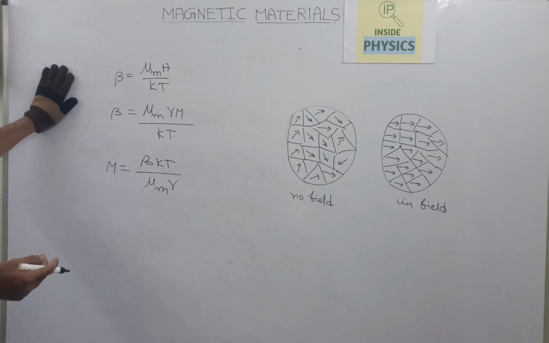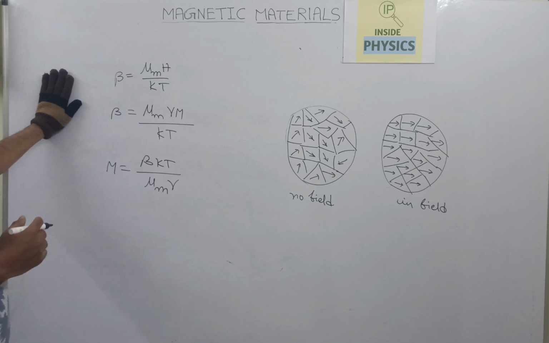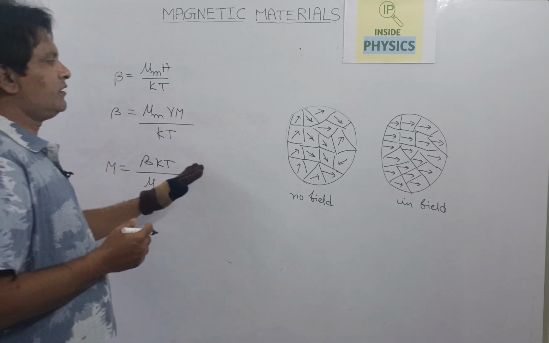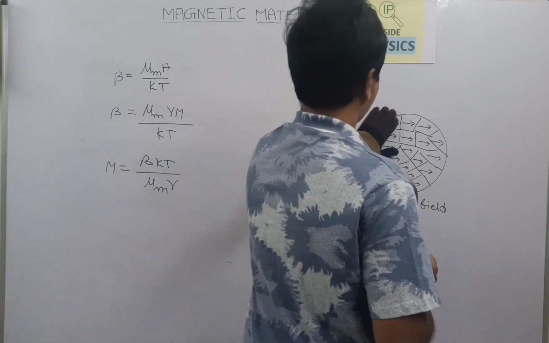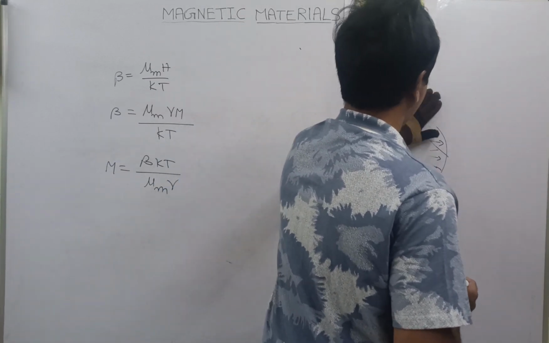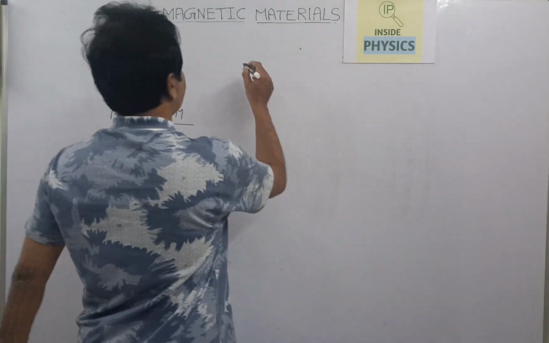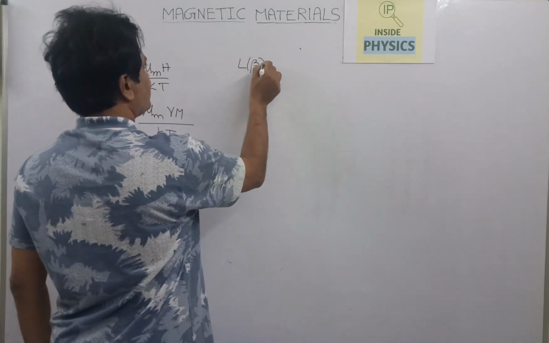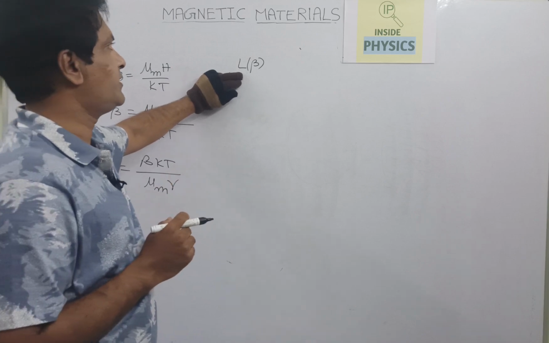If you plot a graph between the magnetization and the Langevin function of this variable, we can understand how the magnetization varies with temperature. The Langevin function L of beta tells about the temperature variation of susceptibility.